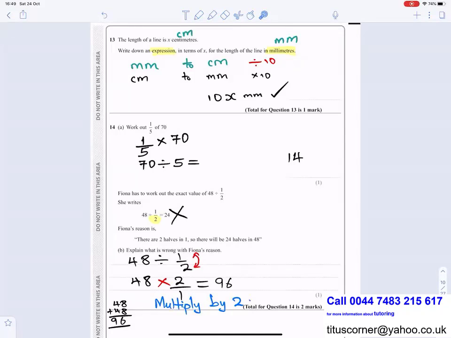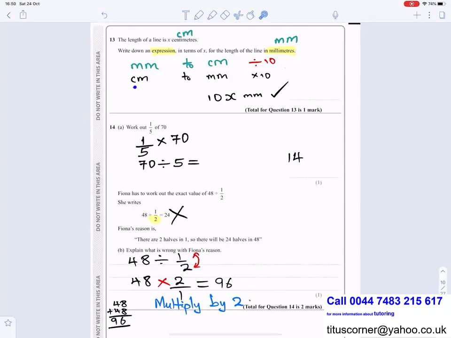Question number 13. The length of a line is X centimeters. Write down an expression in terms of X for the length of the line in millimeters. To change from millimeters to centimeters, you divide by 10.